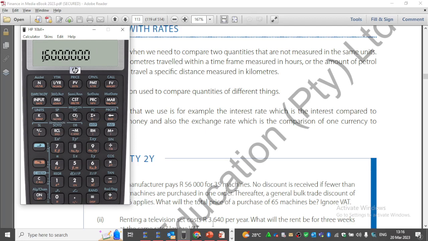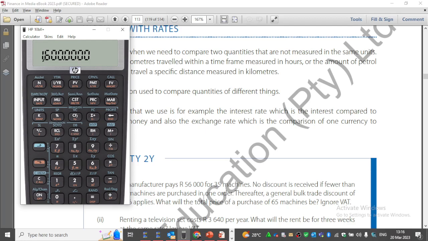Based on this activity, what will the total price of 65 machines be? For the first 40 machines, this person will not receive discount based on the company policy. But anything that is above 40, this person will be earning discount on each and every machine that is purchased after, on that same bulk discount, not individually, but after.